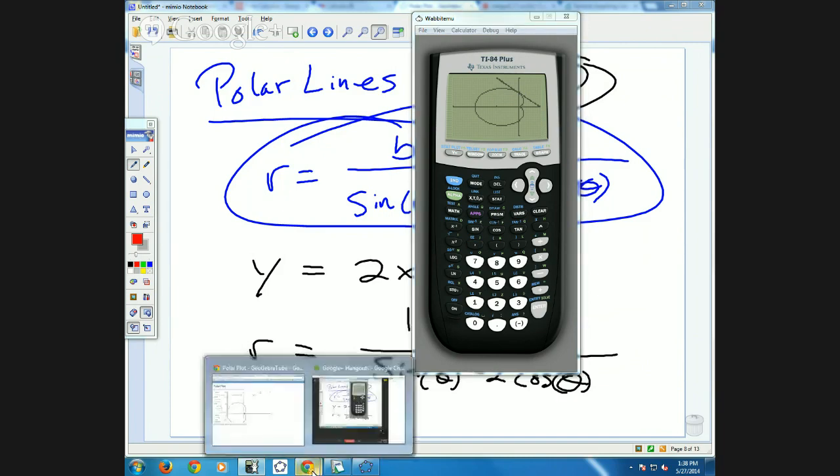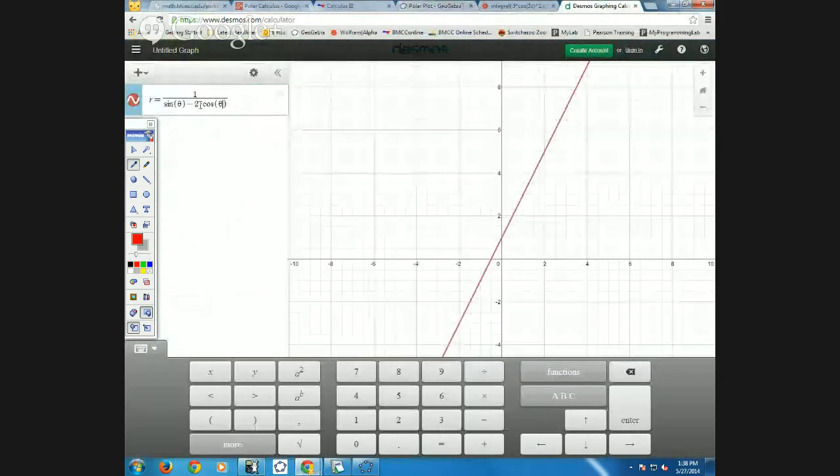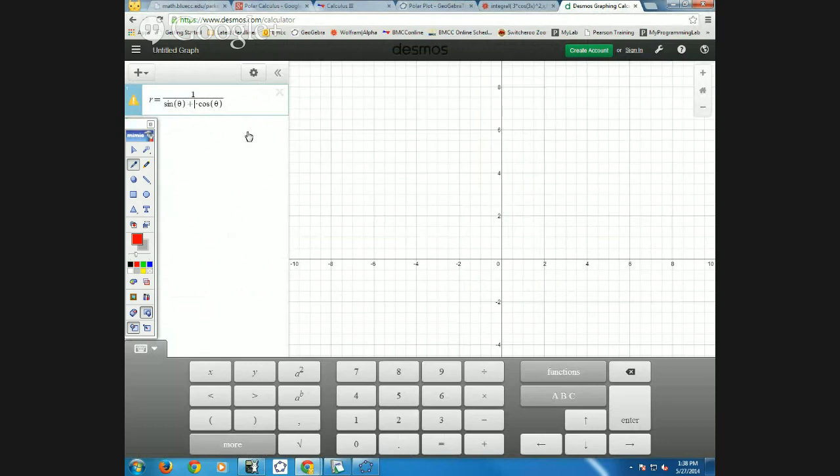I'm going to graph it on Desmos too just for fun. Oops, that's not Desmos. Oh, that's my problem. Uh-oh, Desmos couldn't graph that. Oh, I see. That was a close one. Okay, so there's my line.